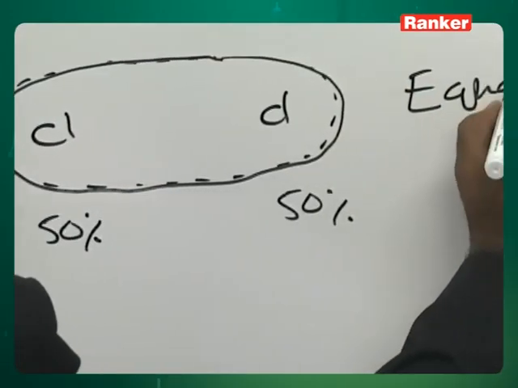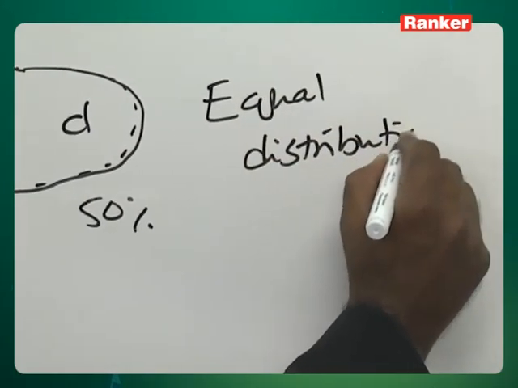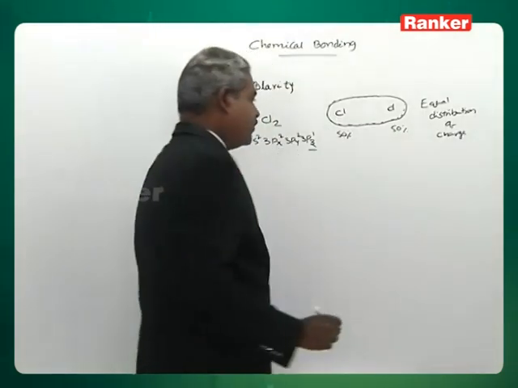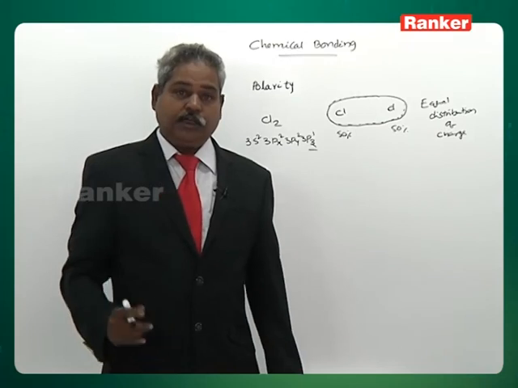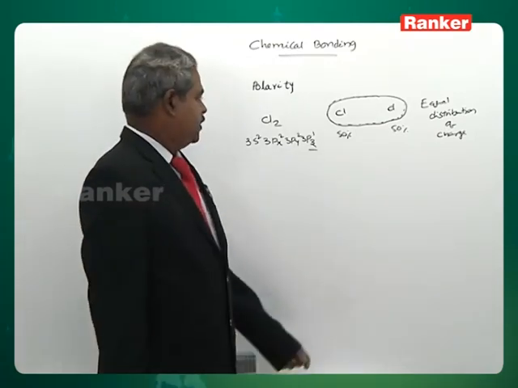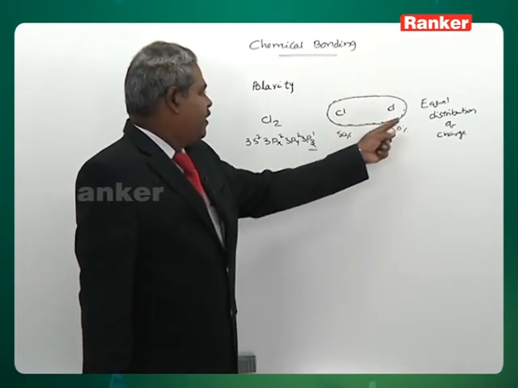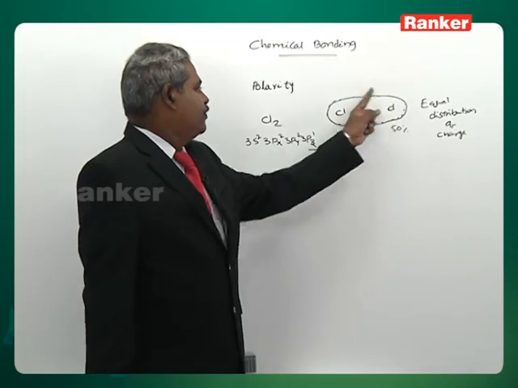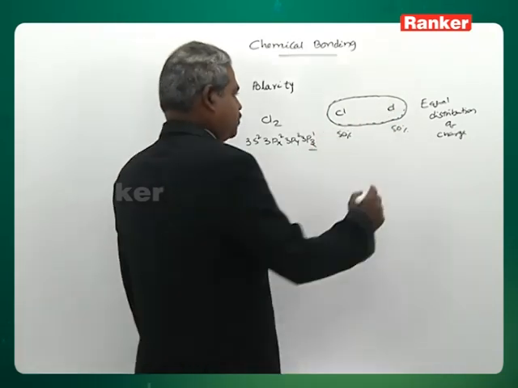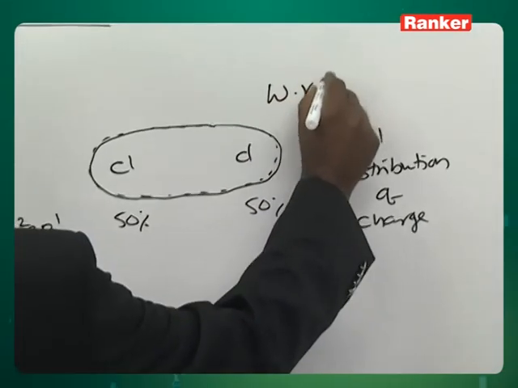So, this is equal distribution of charge, in terms of time spent by the electrons around each nucleus. If the electron spends 1 second there, the next second it will spend here, and the motion is almost uniform. Electrons are moving with uniform velocity, you can say. So, equal distribution of charge with respect to time.